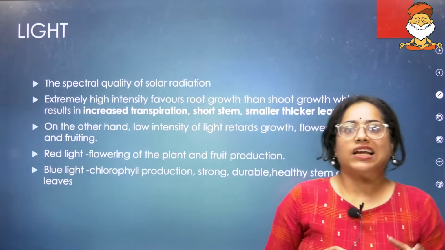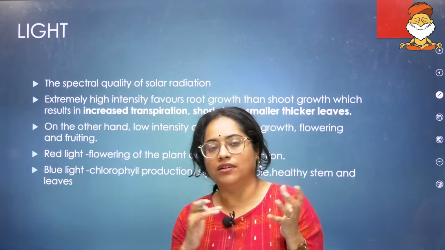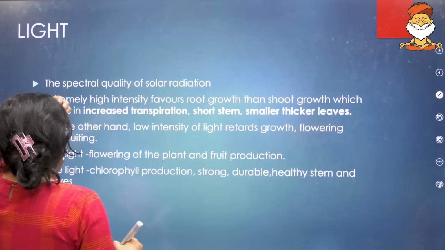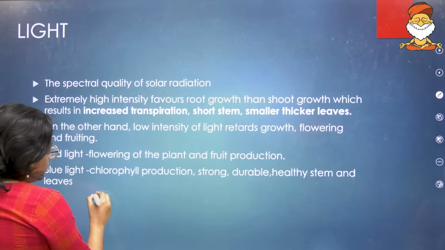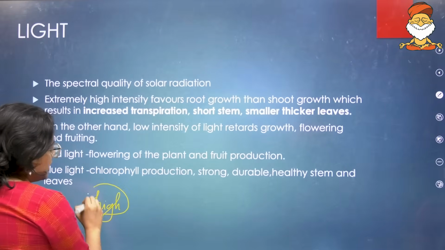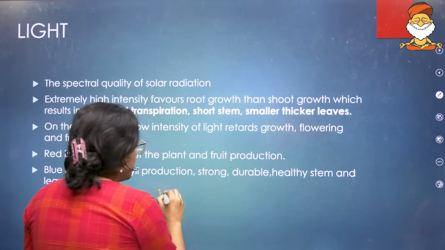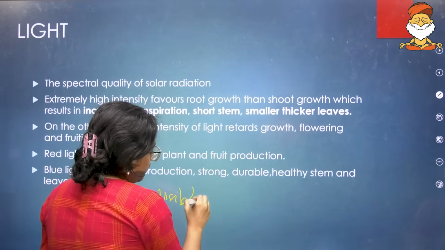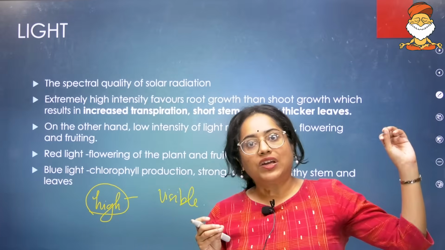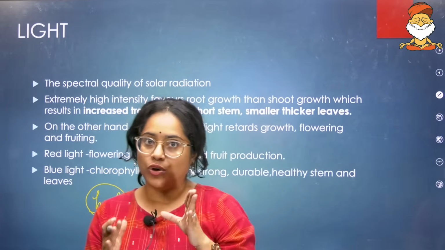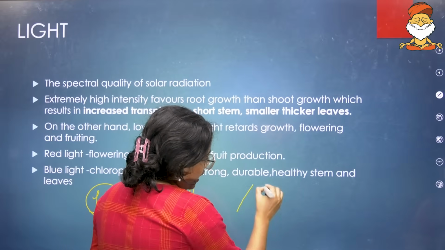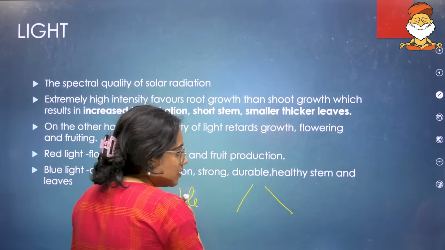So now when we describe light and different factors associated with it, understand that there is high intensity light. High intensity light means the same visible light that you have, you are giving it in a manner where, for example, you have light that can be spread out in this manner.